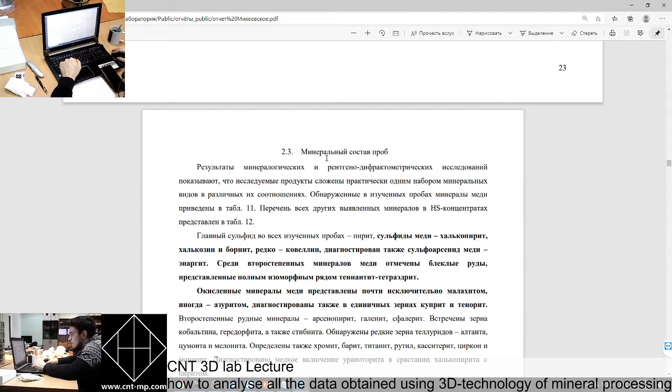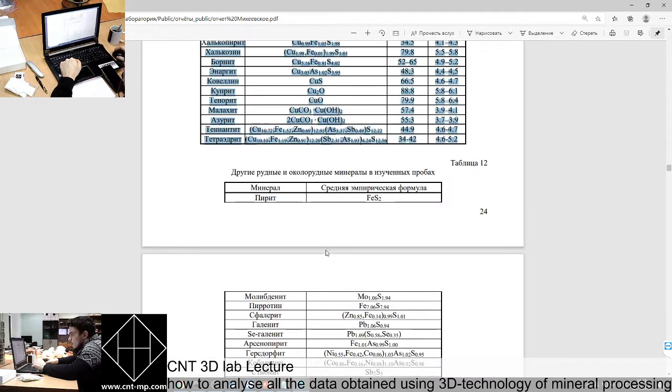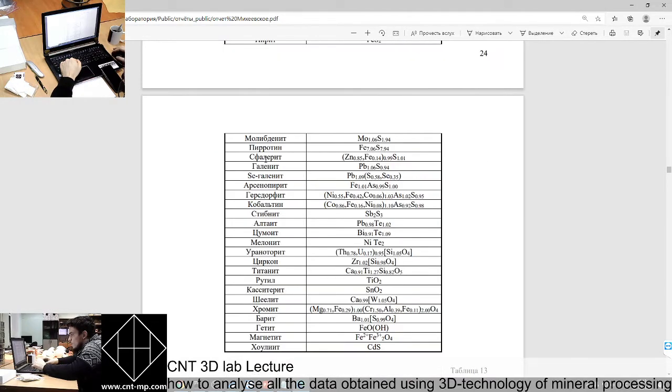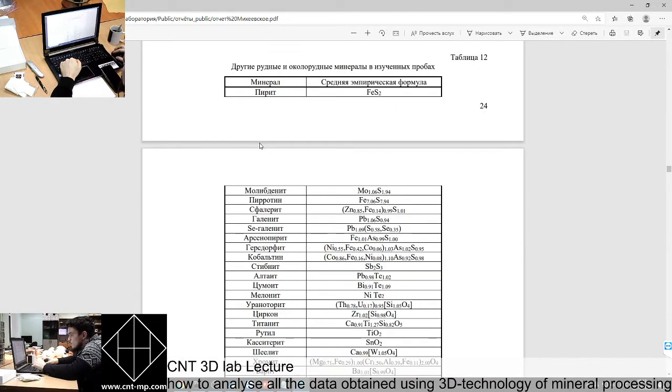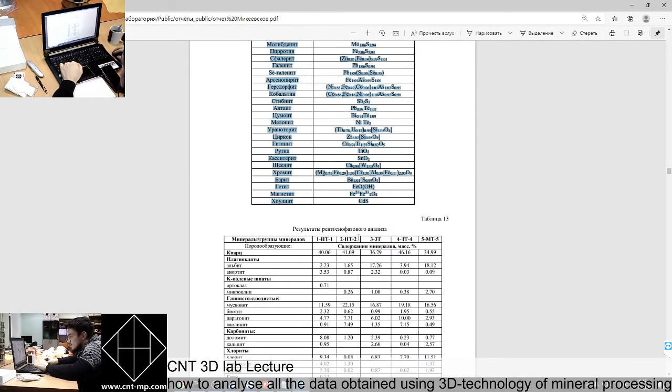And the most interesting chart of our report is the mineral composition of samples. So once again we observed 12 mineral species which are bearing copper, more than that, we observed a large amount of other heavy minerals.